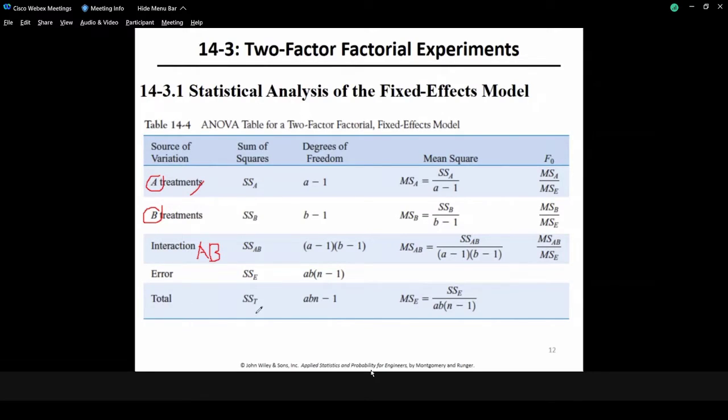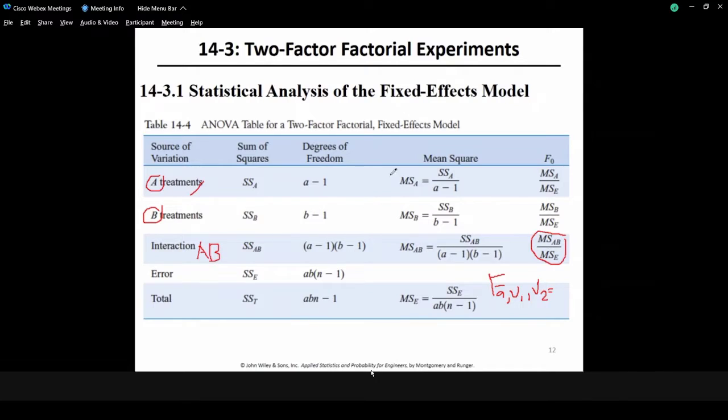We are interested to test this hypothesis, so we can compare F, and compare this with F alpha, mu1 and mu2 from the table. If this value is greater than this F table, that means you should reject the null hypothesis, reject no interaction. That means you can see that interaction exists.